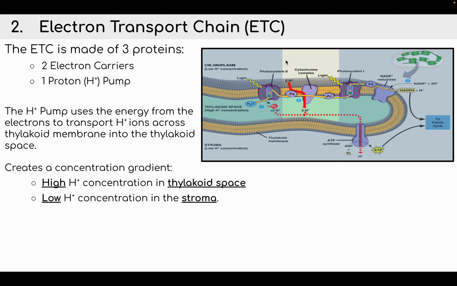The energy from the electrons is used to bring protons, hydrogen ions, from the stroma, where there's a low concentration of hydrogen ions, to the thylakoid space, where there's a high concentration of protons. So this further increases the amount of hydrogen ions that are inside the thylakoid space.